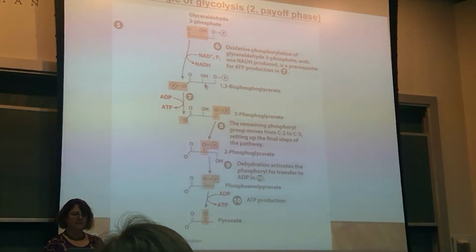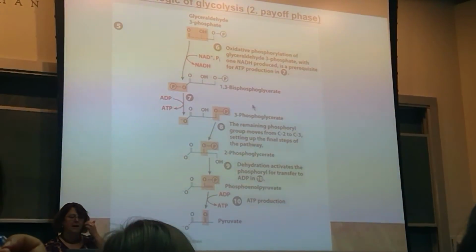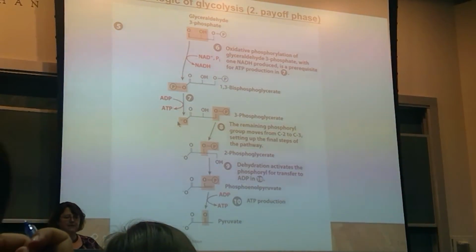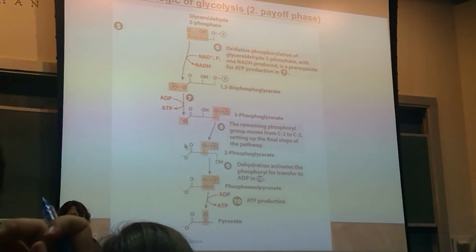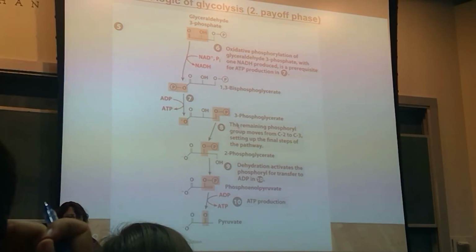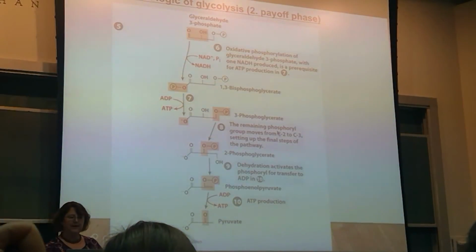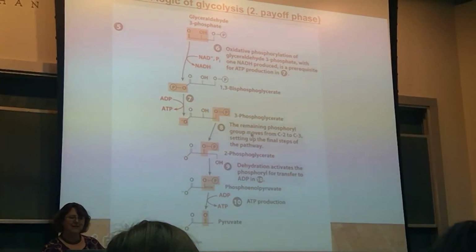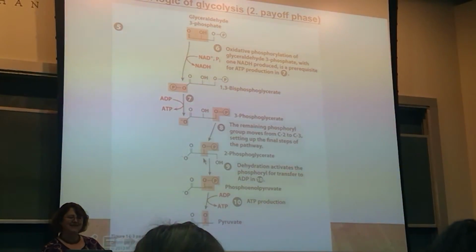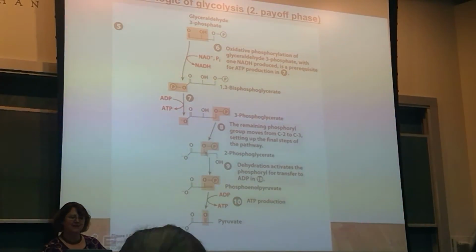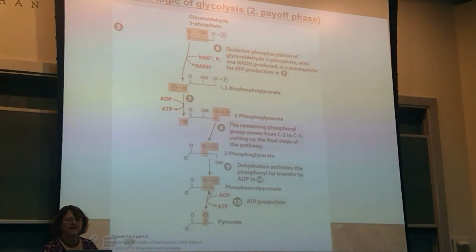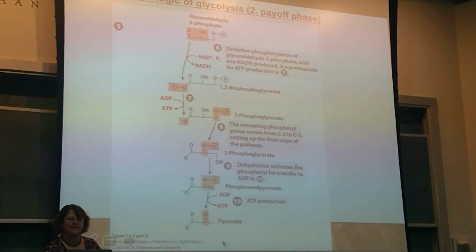Then you have the transfer of the phosphoryl group, removing that phosphate to get 3-phosphoglycerate. Then that moves from the 3 to the 2 position to get 2-phosphoglycerate. Then you get the dehydration, forming that double bond, and you remove the phosphate group to get pyruvate.